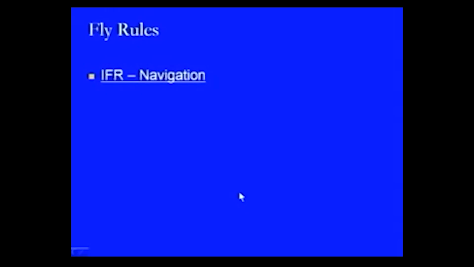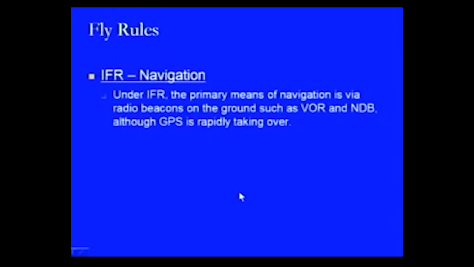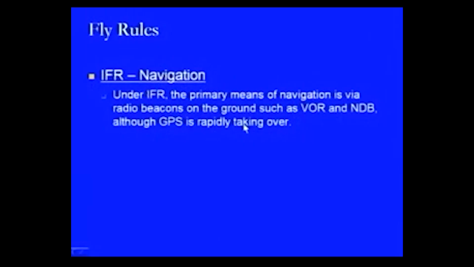Then there is navigation under IFR. The primary means of navigation is via radio beacons on the ground such as VOR and NDB, although GPS is rapidly taking over. So we rely for navigation mostly on the beacons, or nowadays we are slowly moving to the global positioning systems.